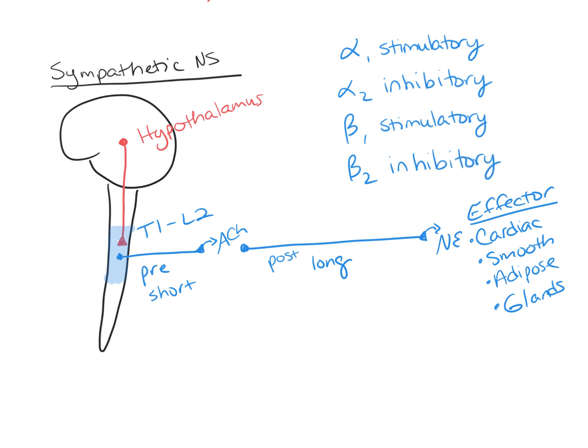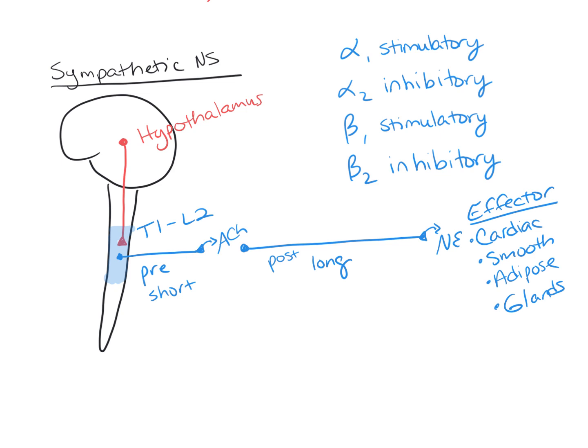So if norepinephrine binds to an alpha-1 receptor, it will stimulate a response from that effector. If norepinephrine binds to a beta-2 receptor, it will be inhibitory and will stop that effector from producing an action. So let's give a couple of examples.